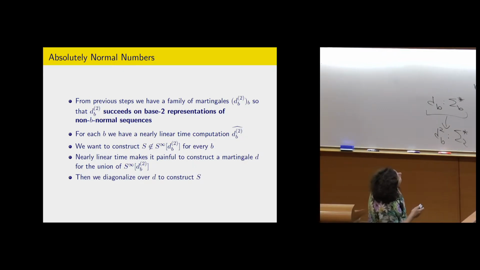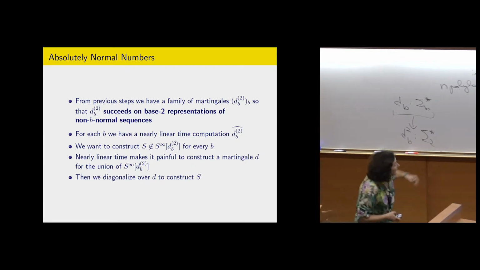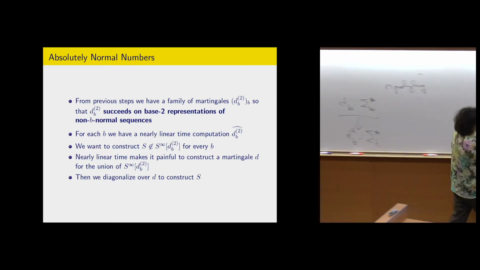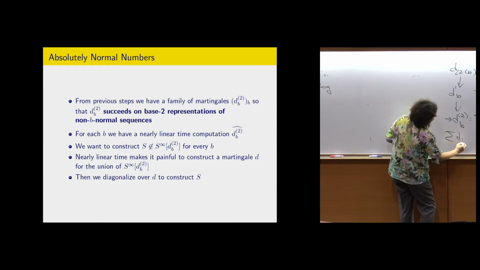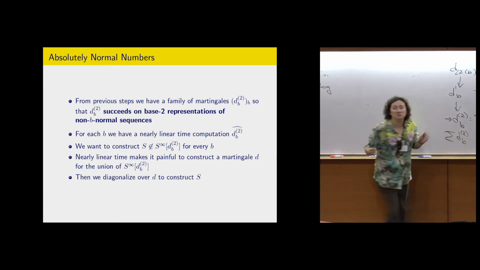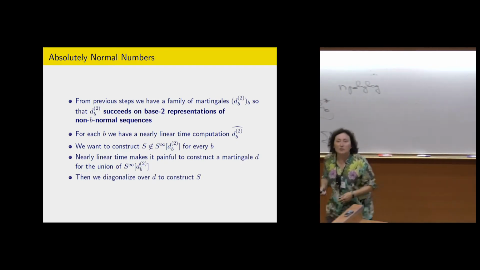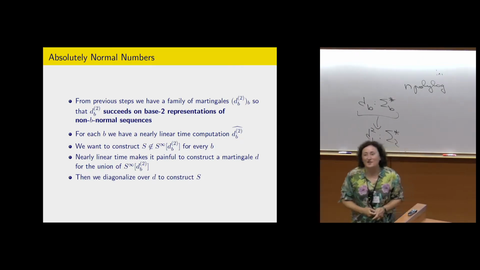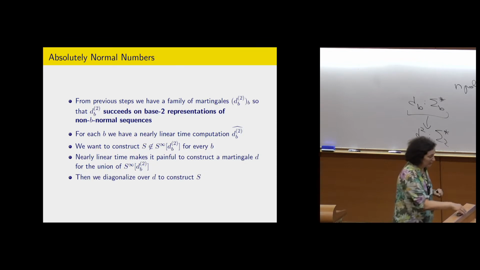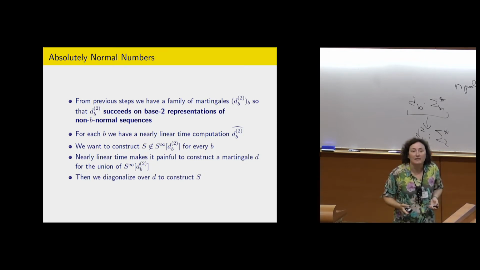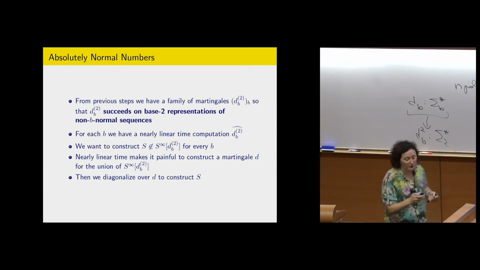So now what you need to do is put together all these martingales. They are all in base 2 now, but they correspond to different B. You have to do it a bit more carefully because you still want to keep your quasi-linear time, but this is doable as long as you take polylogarithmic sums, which makes things slightly different from what we used to.